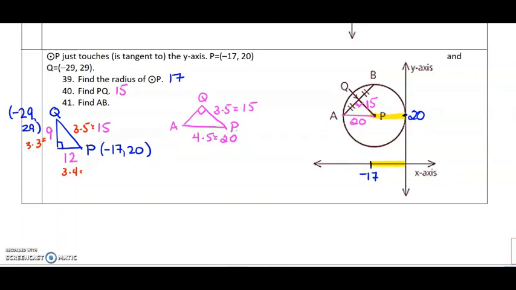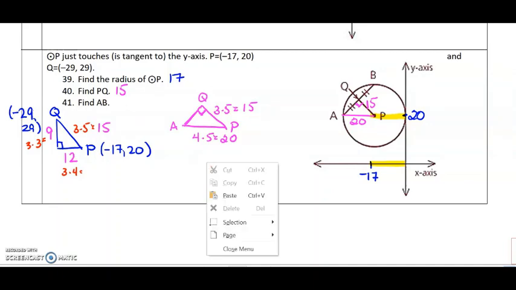Now be careful, because the trick is that some people want to say AQ is 5 times 5, but that's a leg. If this were 5 times 5, it would be 25. The hypotenuse always has to be the longest side. So this is not a Pythagorean triple. We can still use the reduced triangle principle.